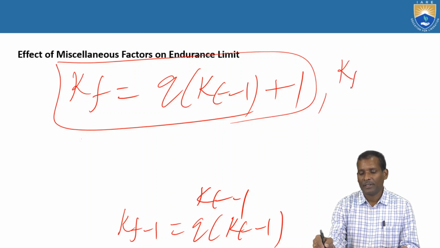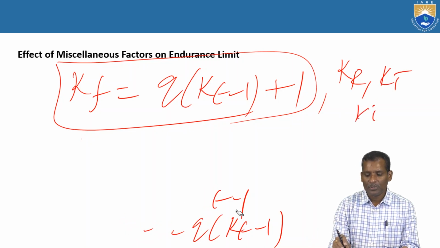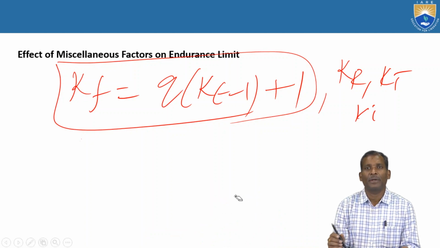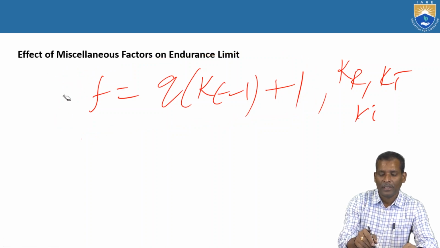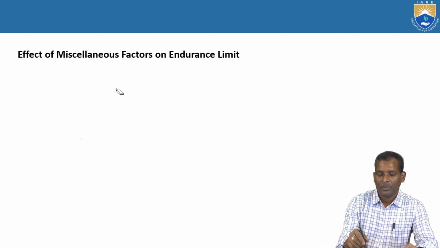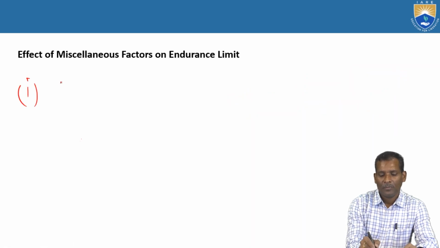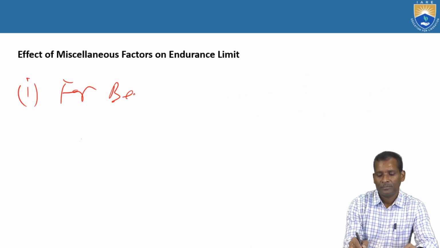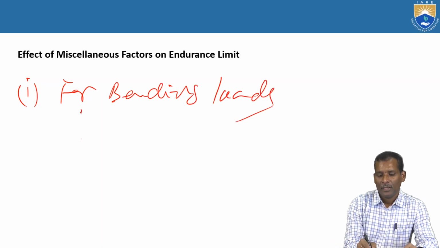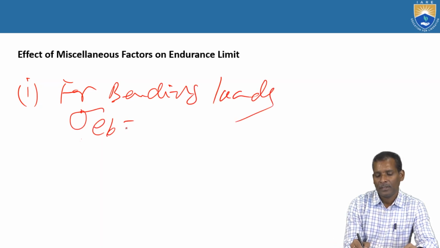And the reliability factor, as I already told you, temperature and impact. Suppose we are considering all these factors. How do you calculate the endurance limit value for reversed bending load? First, for bending load, sigma EB is equal to sigma E into KB.